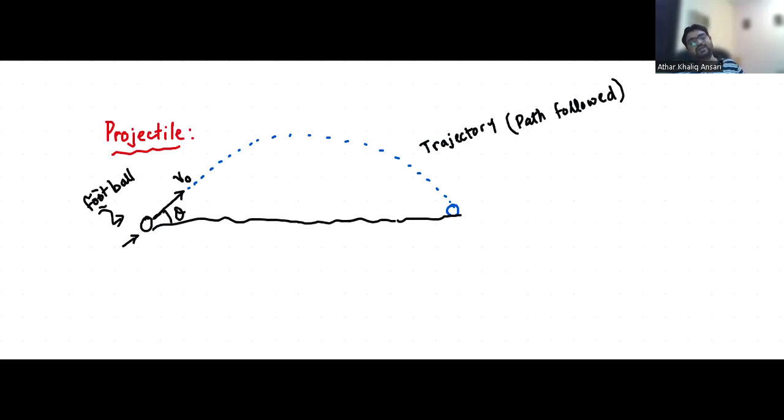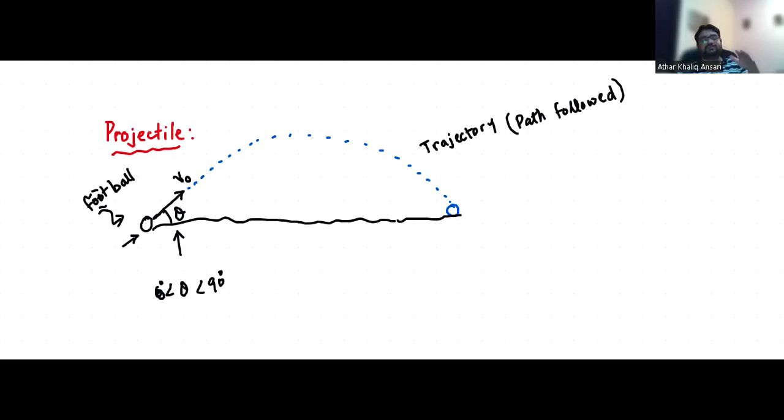Keep it in your mind that this theta has a special characteristic, that theta should be between 0 to 90 degrees. So we can just simply say that the value of theta is in between 0 to 90 degrees. So theta is less than 90 degrees but is more than 0 degrees, because 0 degrees means it will only move horizontally, and 90 degrees it will move upward.